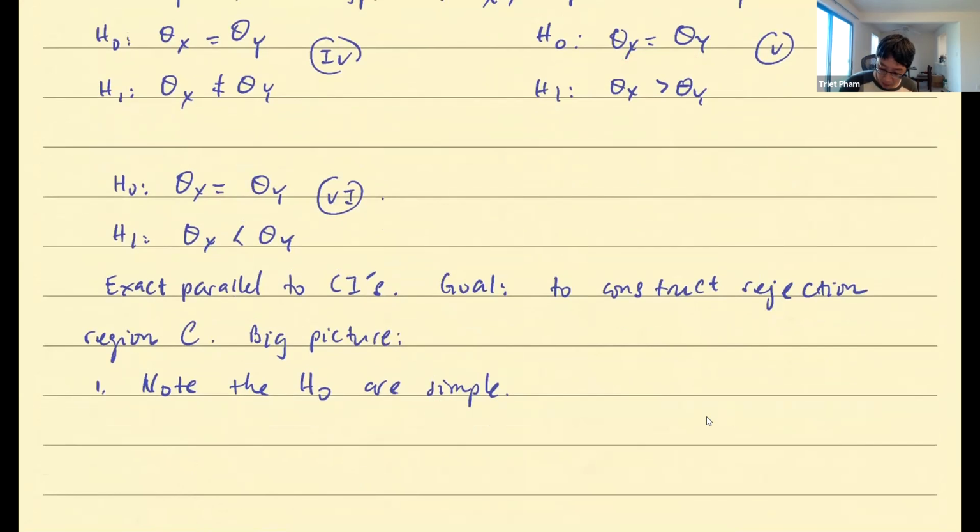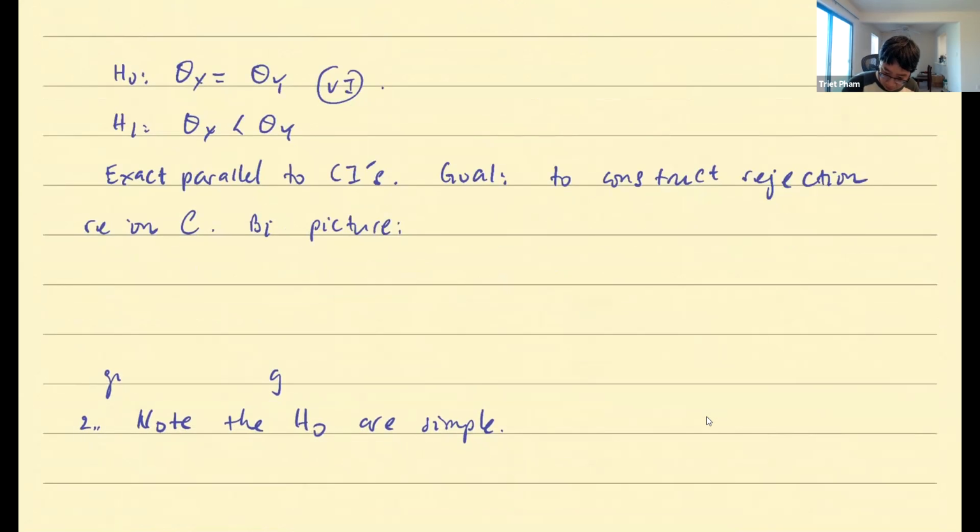Because remember, basically, maybe this is step 2. Observation 1 is like this. Let me just do step 1.